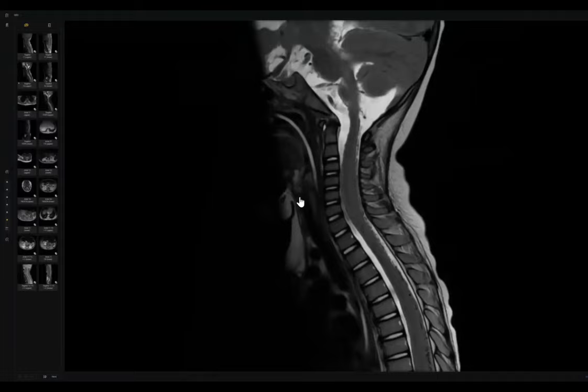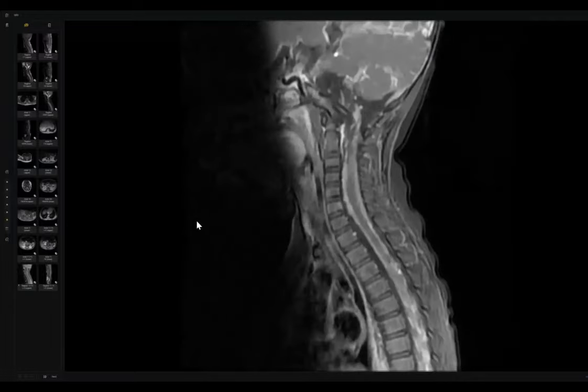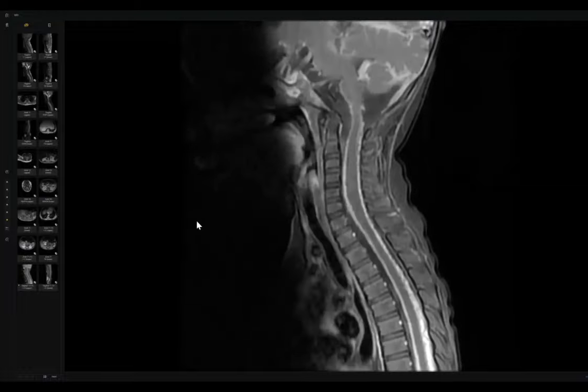Sir, what are these serpiginous structures on the medullary surface? Is this normal? Look here, leptomeningeal enhancement here, almost. Maybe combined vascularity, maybe. But sir, I thought the CSF is in the subarachnoid space, so the black CSF around the cord outside this enhancement, I thought this is the CSF.